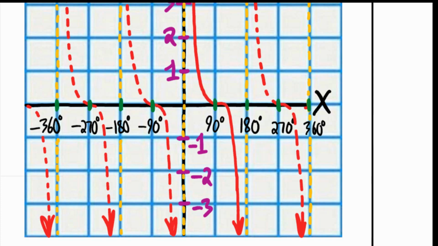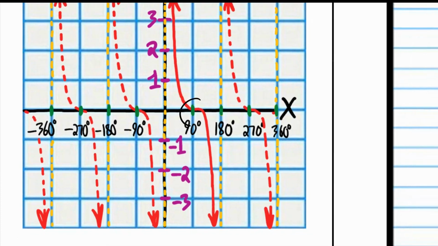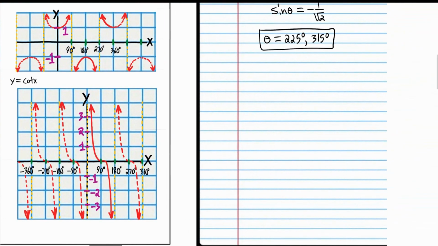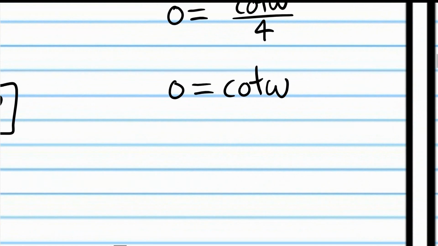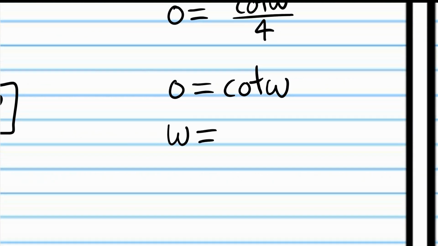So it looks like we can just add multiples of 180 to 90, and it turns out that that's the best way to describe that situation. So omega is equal to 90 degrees plus multiples of 180.